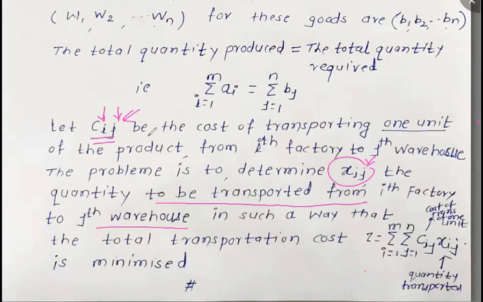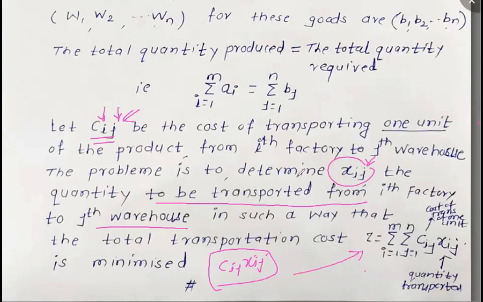Since Cij is the cost of transporting one unit and Xij is the number of units transported, the product Cij into Xij gives you the cost of transporting Xij units from the ith factory to the jth warehouse. And the sum of such quantities gives you the total transportation cost.